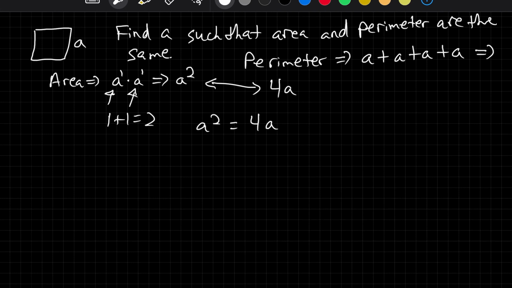What's common on both sides is, they do not have a 4, but they both have an A. So the first one on the left here, this is A to the second power. And the one on the right is A to the first power.